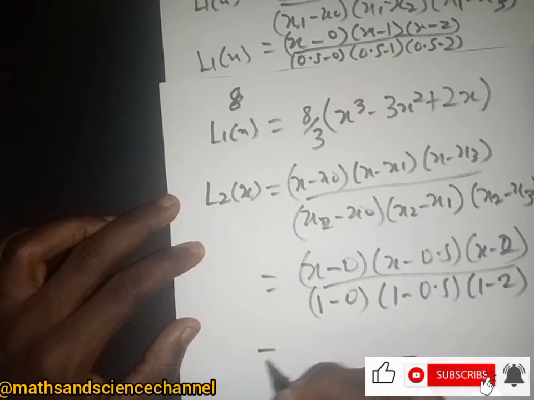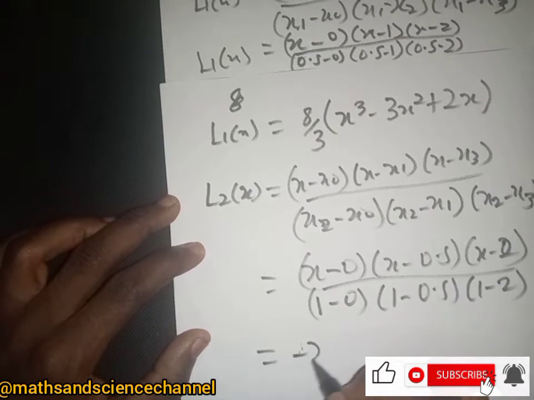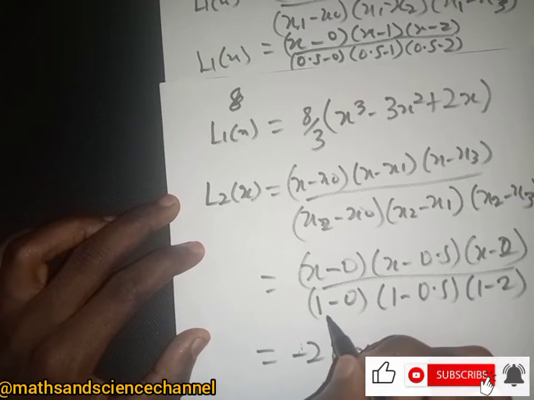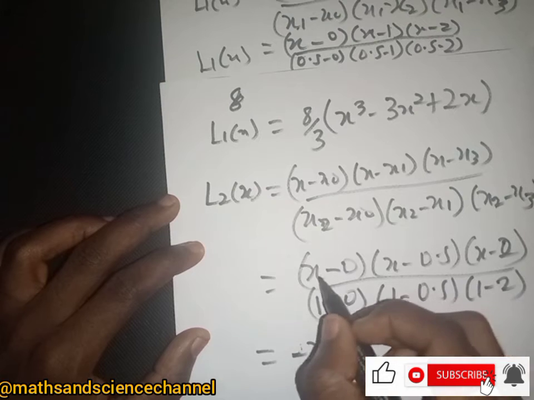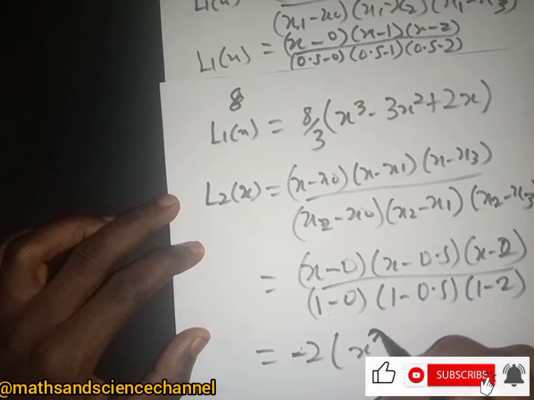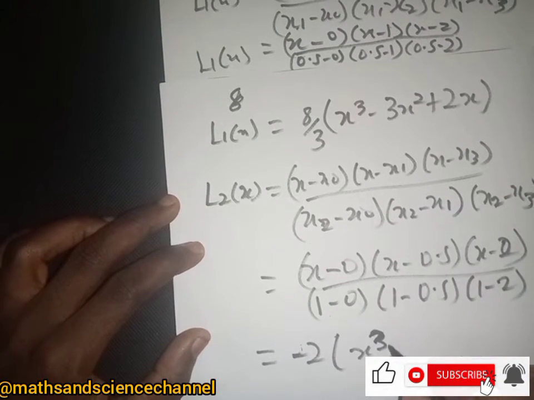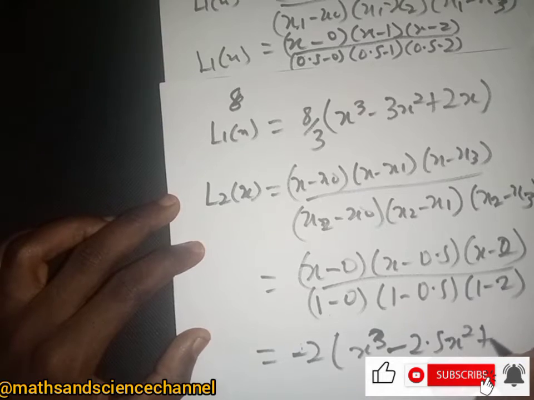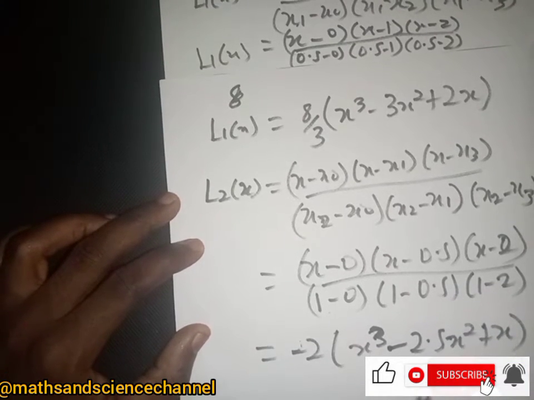When we compute this, in the denominator we get negative 1 over 2, but when we invert it, it becomes negative 2. Then when we expand the numerator, we get x cubed minus 2.5x squared plus x.